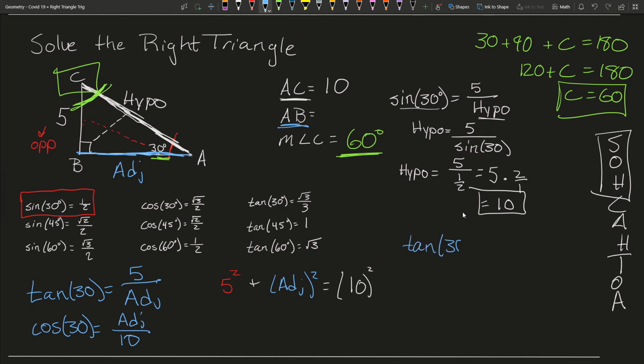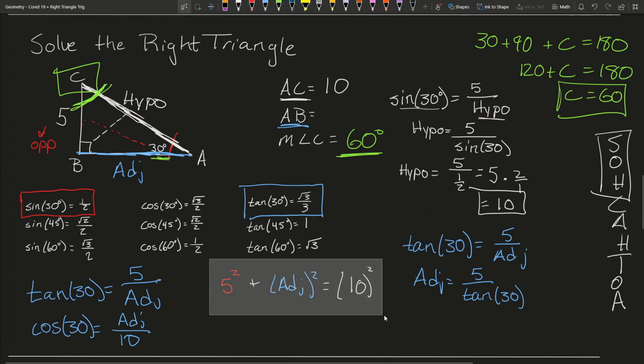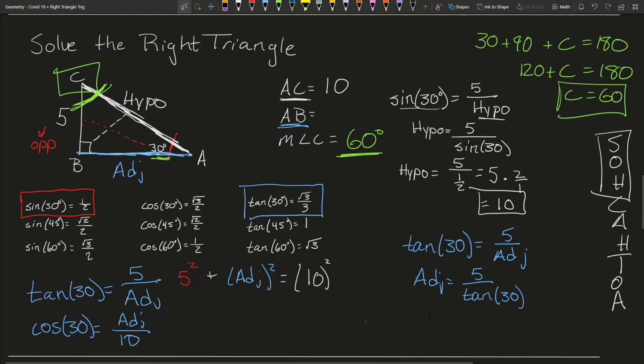So the tangent of 30 is equal to 5 over the adjacent. The adjacent then is equal to 5 over the tangent of 30. From our values, we know what the tangent of 30 actually is. So the adjacent side is equal to 5 divided by root 3 over 3, which we then have to simplify and rationalize.